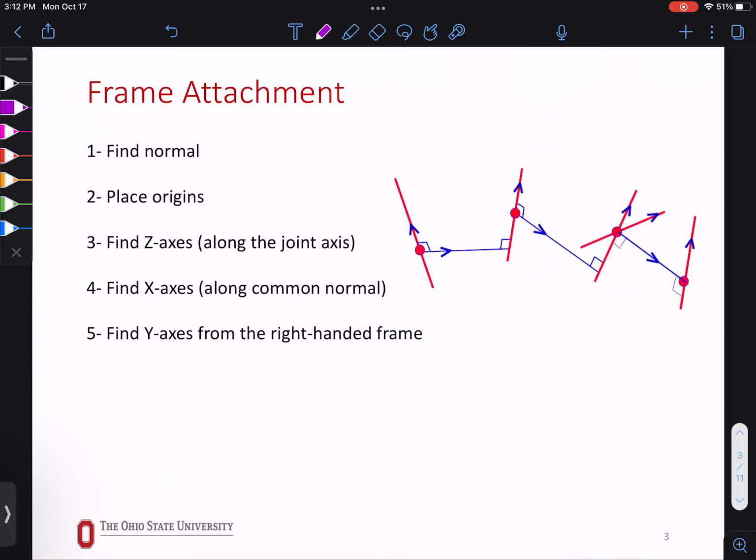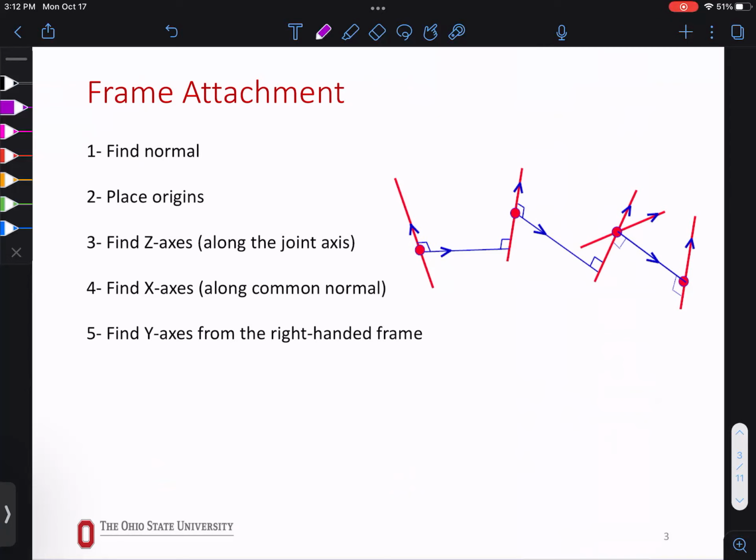Another thing we needed to do was frame attachment or frame assignment. If you remember, we said find all the z-axes, right? So find all the joints, basically, and then assign the z-axis to it. Once you have the z-axis, find the normal between them.